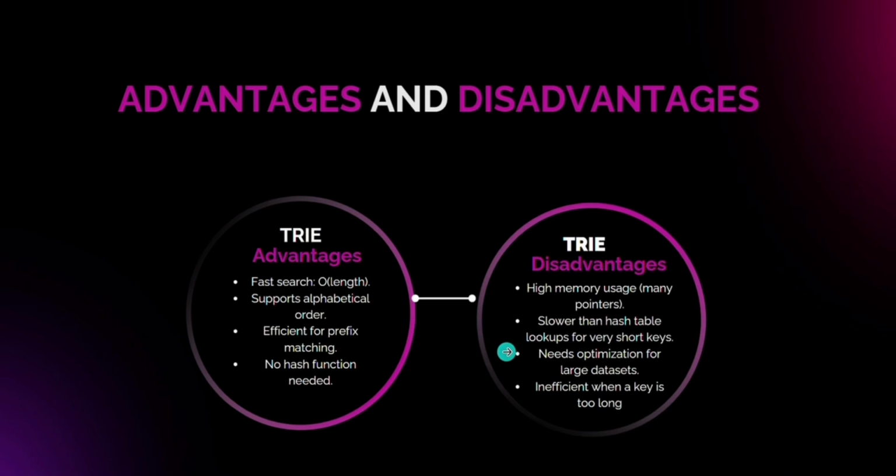Third, it needs optimization for large datasets. If there are millions of entries, a basic trie can consume a huge amount of memory, because with a lot of data you get many deep branches of words. That's why it can make traversal slower. It's also inefficient when a key is too long.